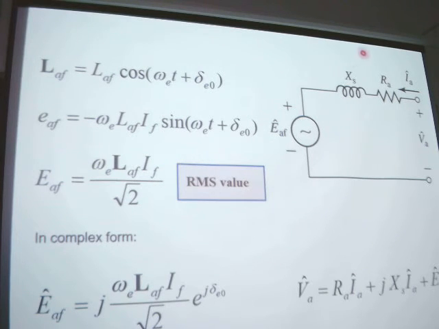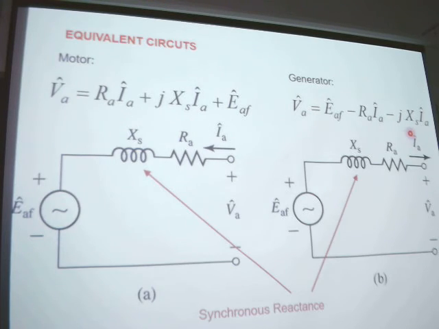So this one is for the motor reference, and we can also get the generator reference form here, where the current flows out from the machine. Just the opposite equation. So for the generator, the equations are different.